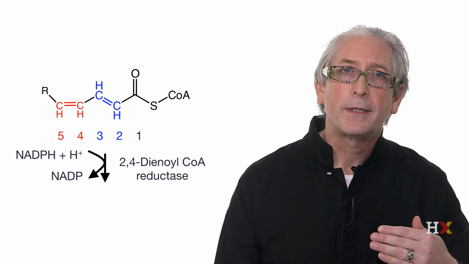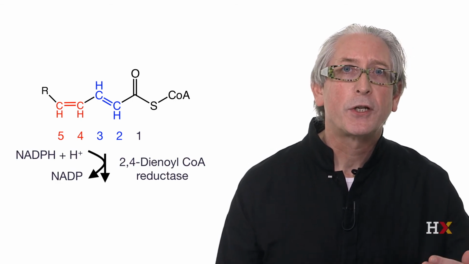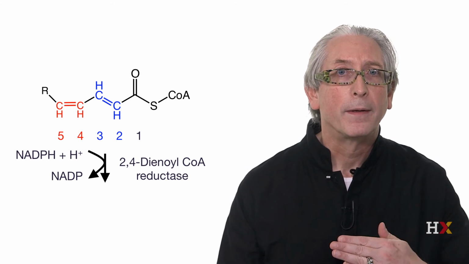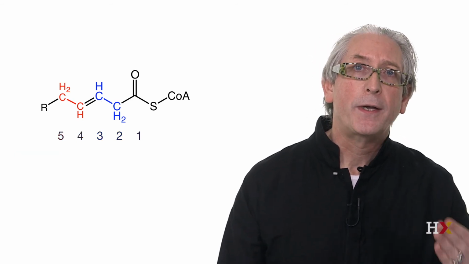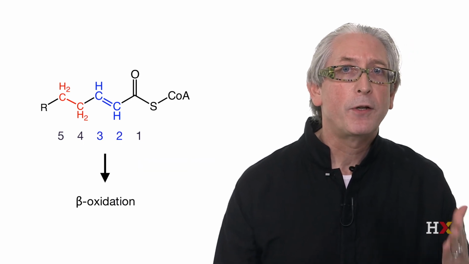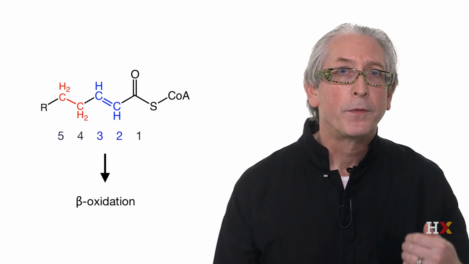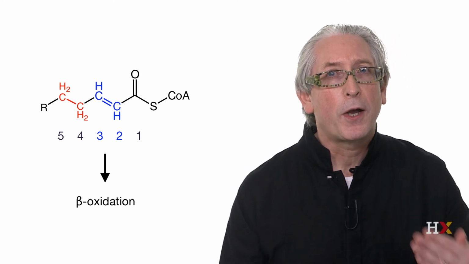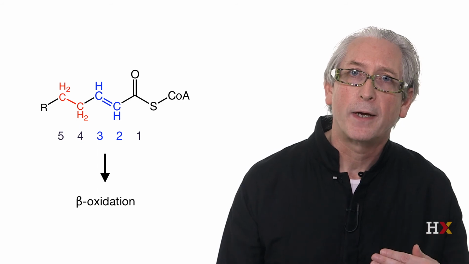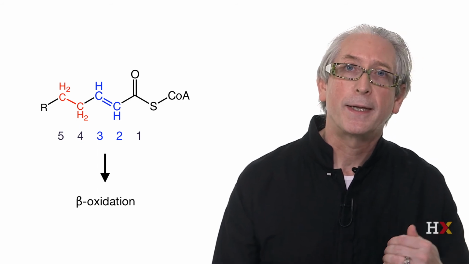Then a reductase uses NADPH to bring the number of double bonds back to 1. Finally, an isomerase shifts the double bond to form a trans-enoyl coenzyme A. The shift results in the production of the substrate for step 2 in the beta oxidation cycle. So beta oxidation can now resume.